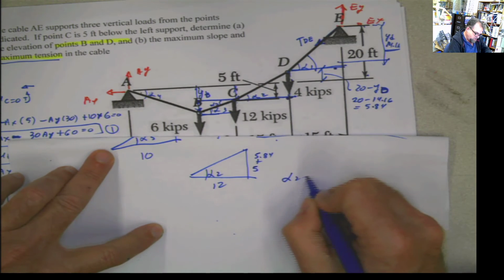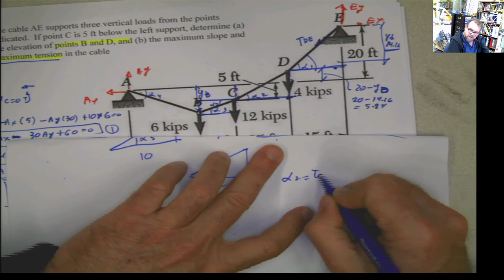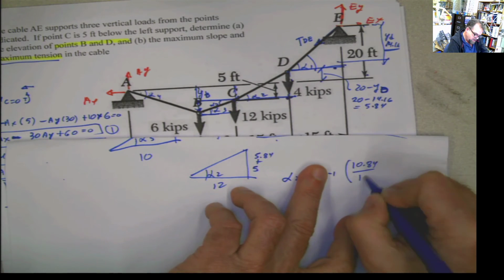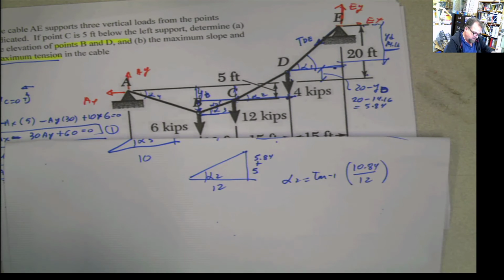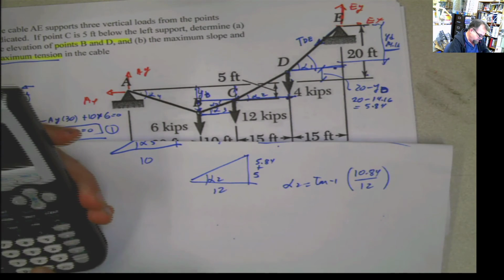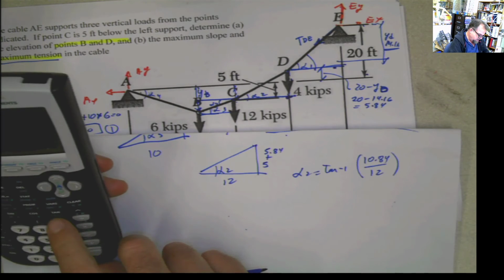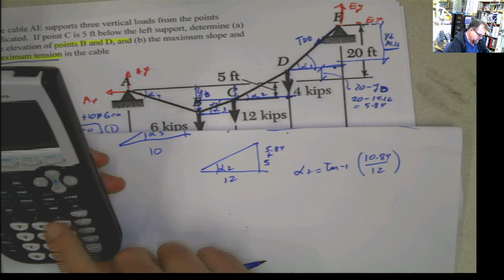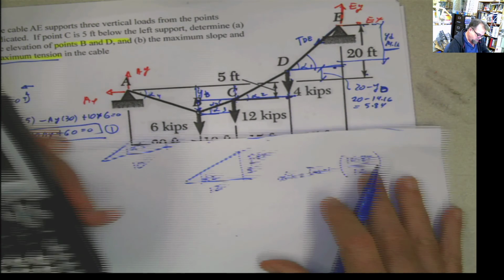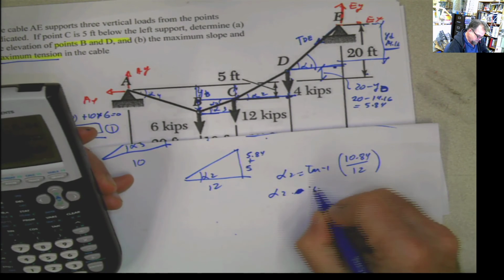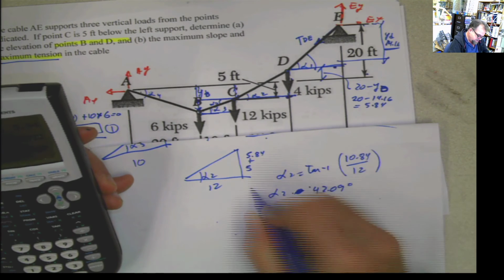So alpha 2 is going to be the inverse tangent of 10.84 divided by 12, which is 42.09 degrees.